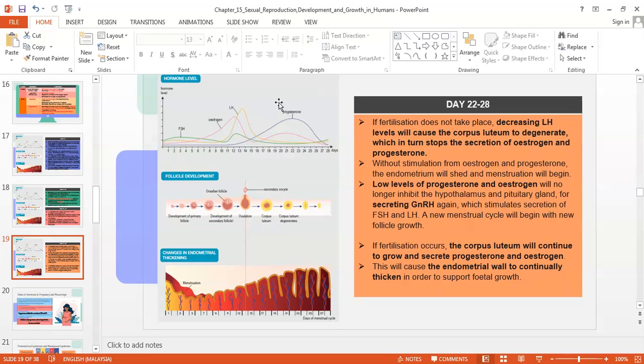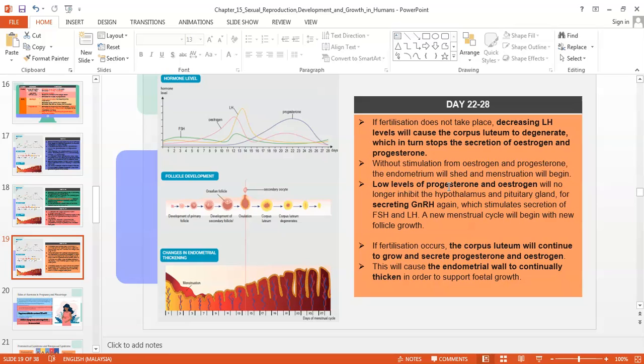Okay, so without stimulation from estrogen and progesterone, the endometrium wall lama-lama dia akan shed. Dia akan terurai dan berlakulah menstruation.